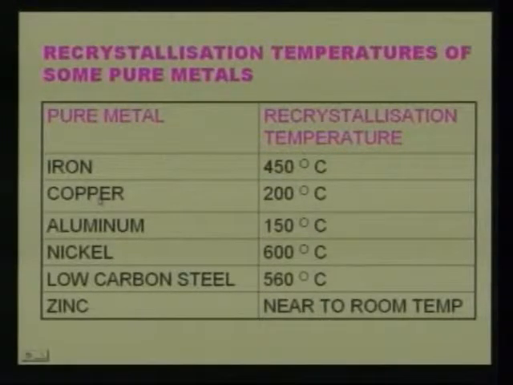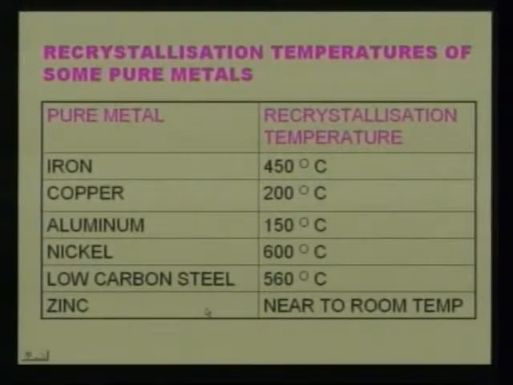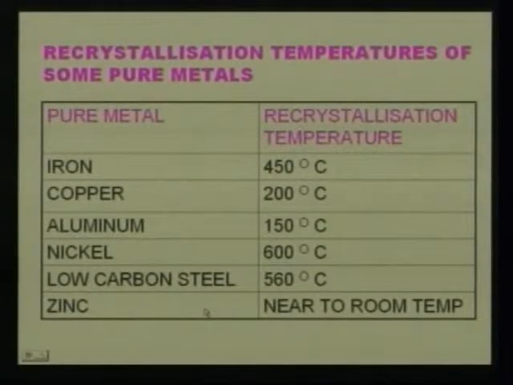For copper, 200 degrees centigrade. For aluminum, 150 degrees centigrade. For nickel, 600 degrees centigrade. For low carbon steel, 560 degrees centigrade. For zinc it is near room temperature. Not only zinc, for lead also it is near room temperature. At room temperature, the structure will be recrystallized, which changes the mechanical properties.